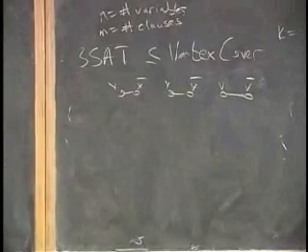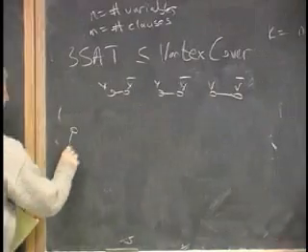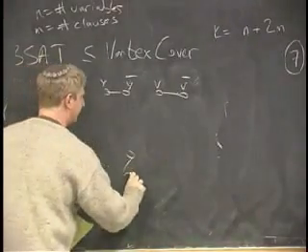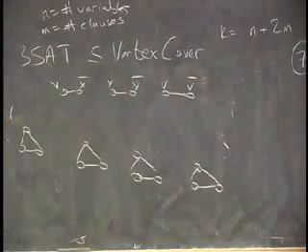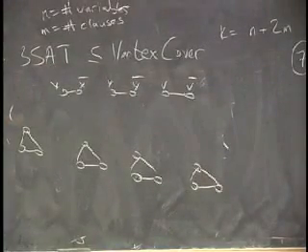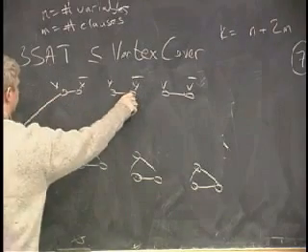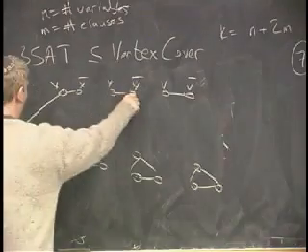I have four clauses, so four triangles. Now I have to connect them according to the way it says here. X, Y bar, V bar.